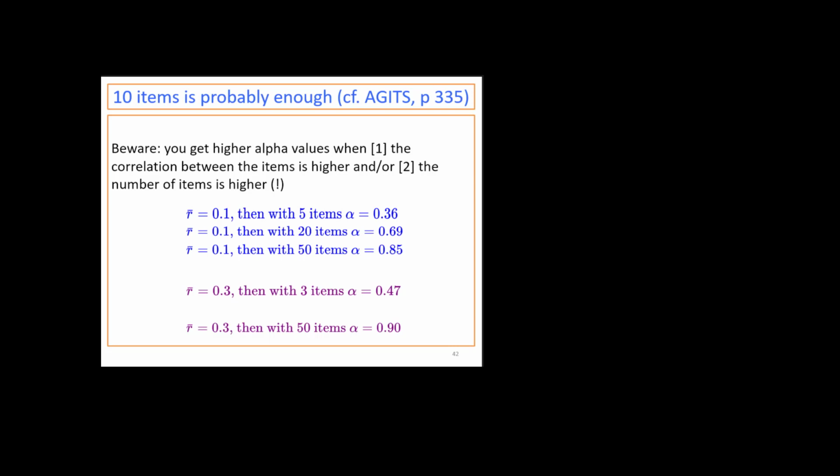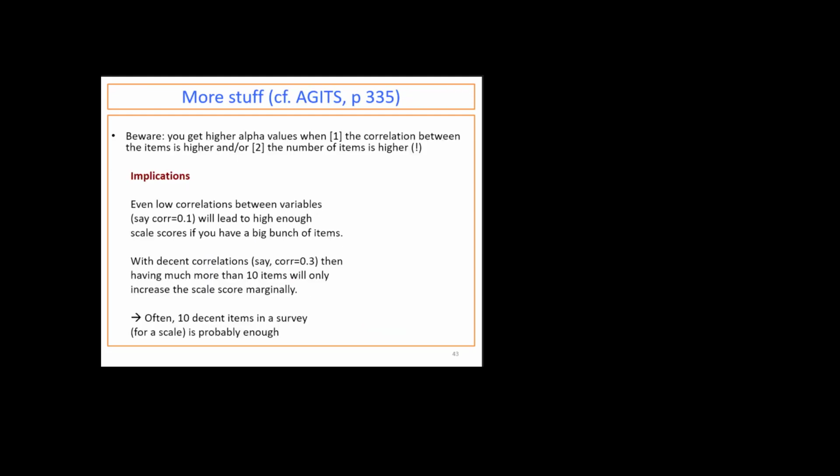And there's also no good or bad in this. Maybe you need 50 items to measure your construct, but it is something that you should know. And if you have decent correlations between your items, then usually a scale of 10 items will probably be enough.